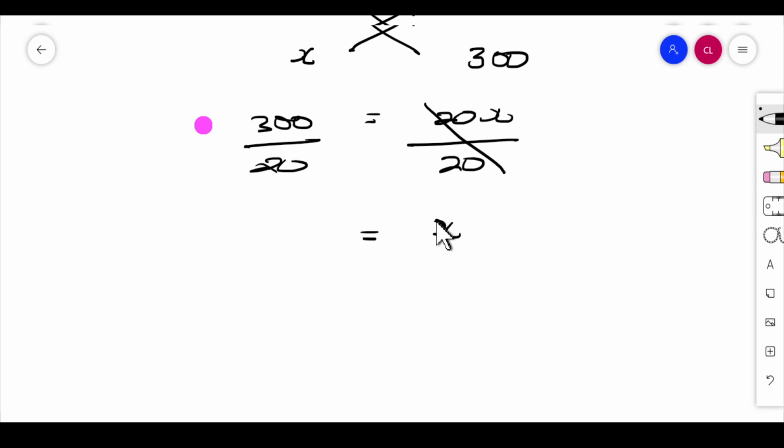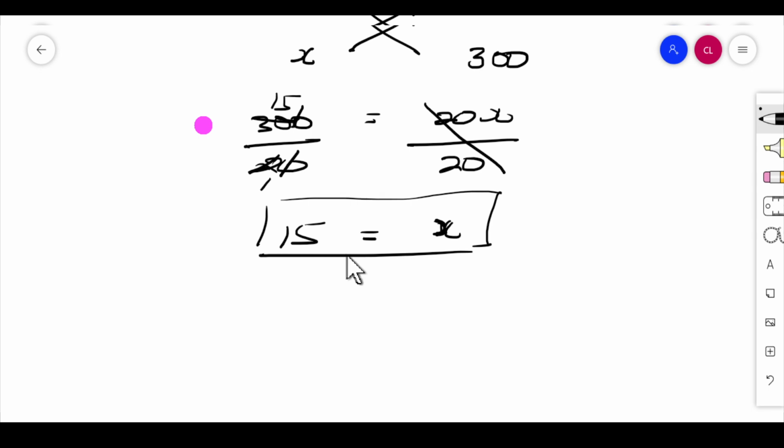And we could simply say 10 into 300 and 10 into 20. 0 cancels 0, and then we're left with 2 into 30. 2 into itself 1 time, and 2 into 30, 15. So 15 is the answer that we would get here.